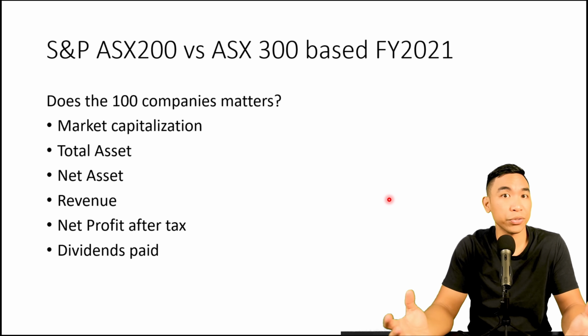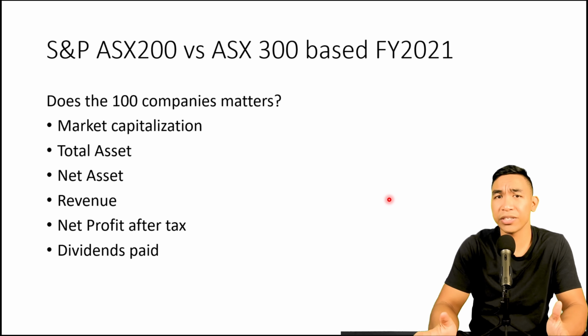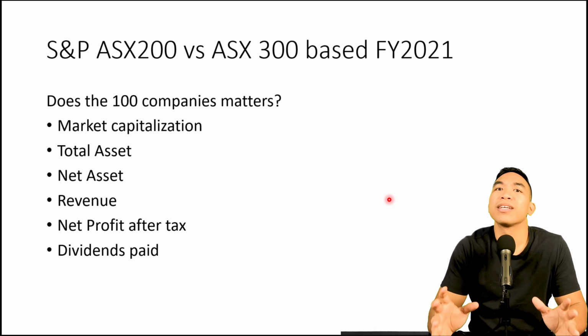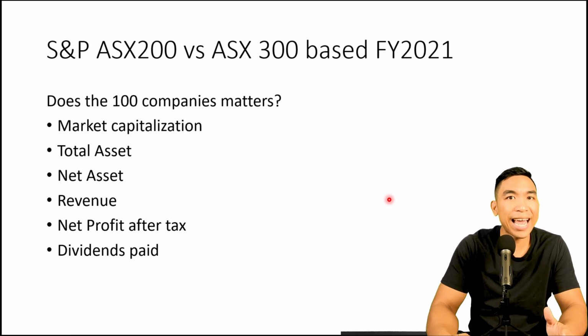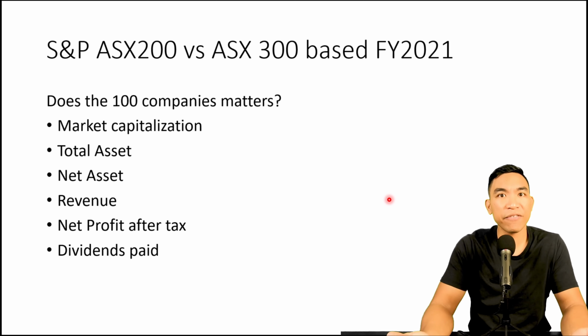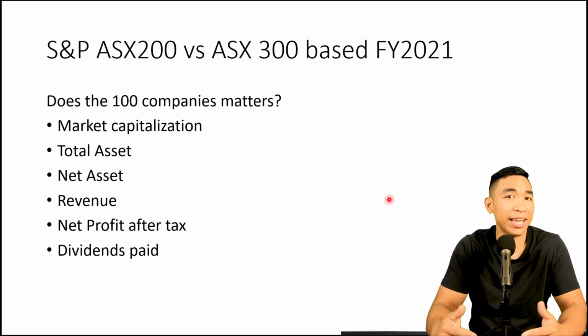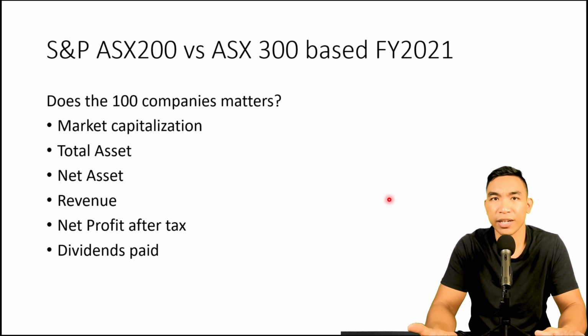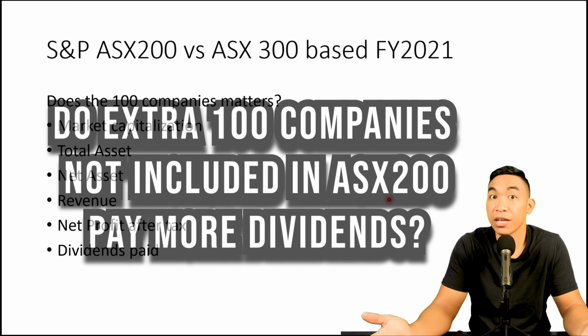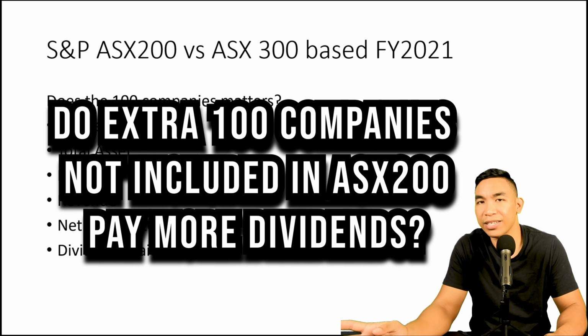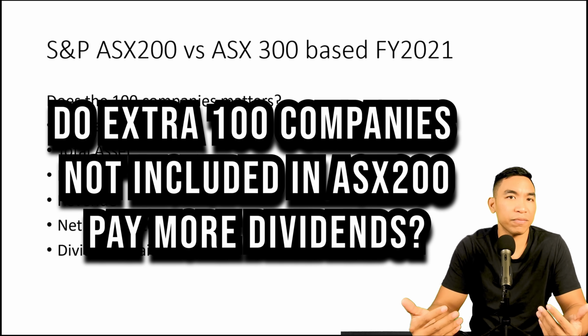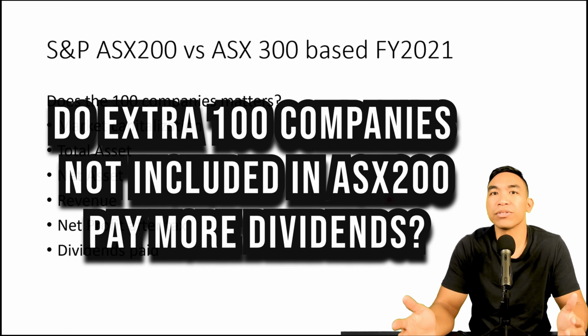So, like I said, I went through all the underlying companies and looked at the following metrics: the market capitalization, the total assets, the net assets, the revenue they generate, and also the net profit after tax. And I added the dividends paid as well, so that it gives you a feel for whether these 97 companies that are not included in the ASX200 have a lot of impact on the dividends paid out to the investor.